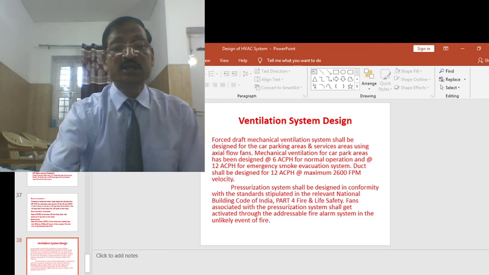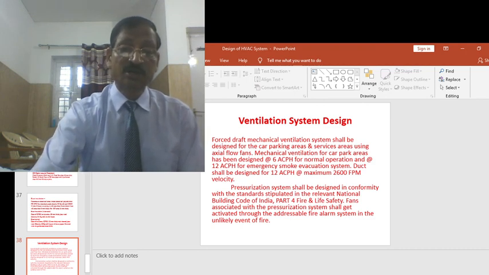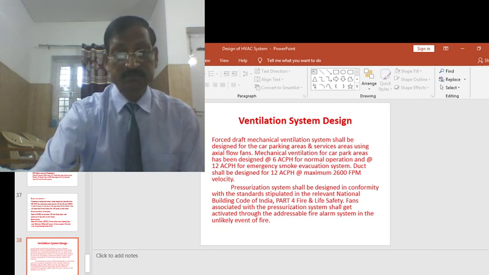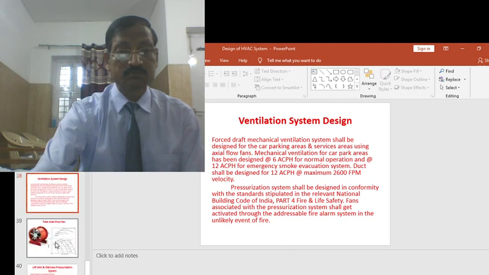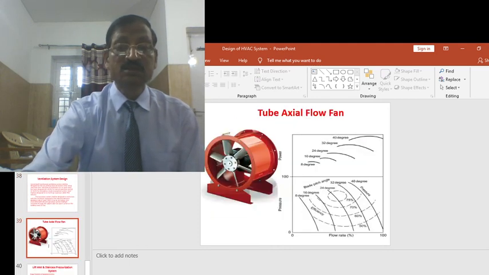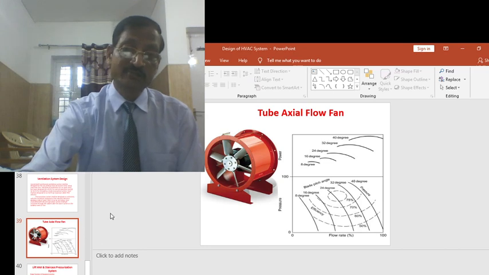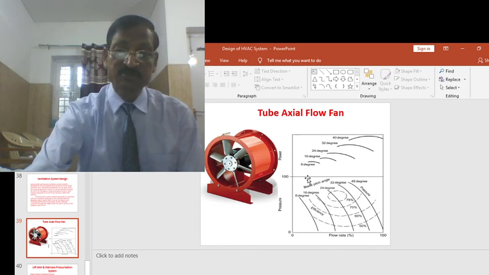For parking areas, we normally use 6 air changes per hour in case of normal ventilation and 12 air changes per hour in case of fire. This is one of the tube axial fans, and this is how we select the tube axial fan. This is flow, this is static pressure, and this is power consumption as per the different flow.